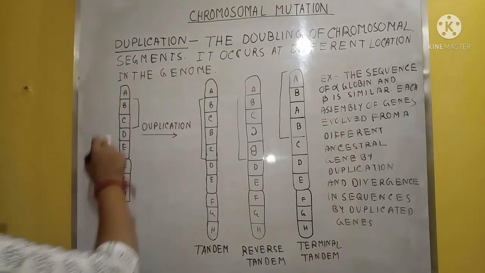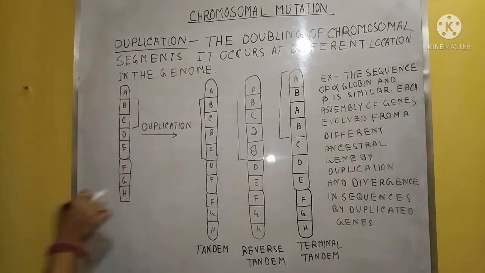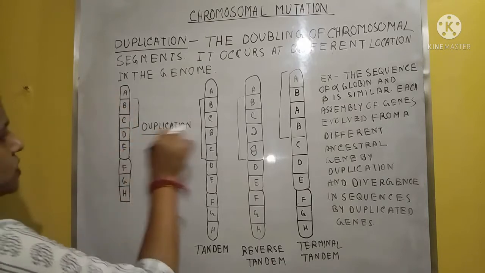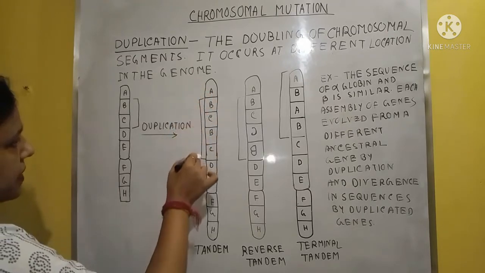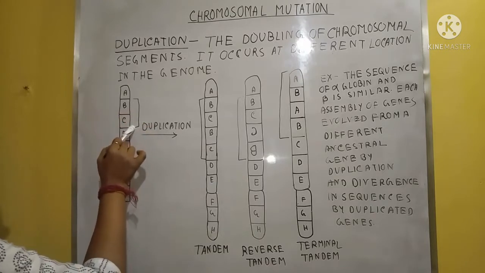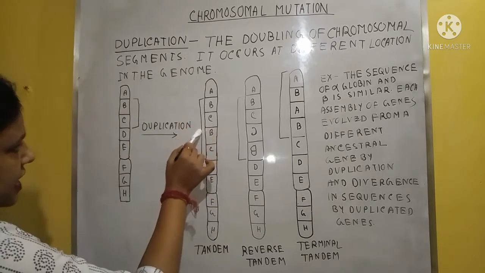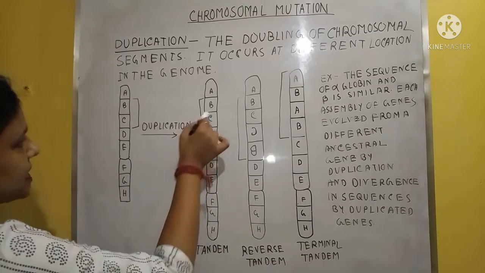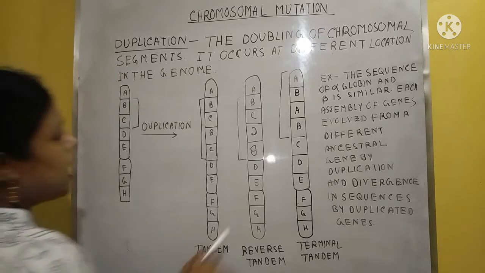You can see here one chromosome and the segments A, B, C, D, E, F, G, H, and after duplication the segments are increased in number. Here the BC segments are duplicated, and this type of duplication is called tandem.